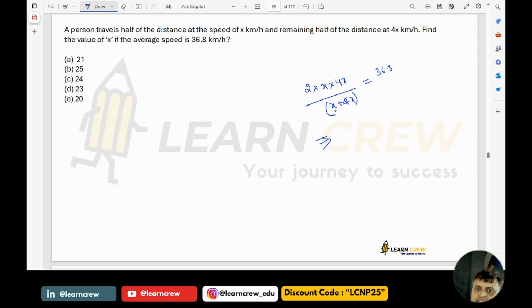So 1x cancels throughout. So 2 by 5, 2 4s are 8. 8x is equal to 36 5s are 180, 184 you are going to get. So 8 how many times? 8 23s are 184. So x is 23.